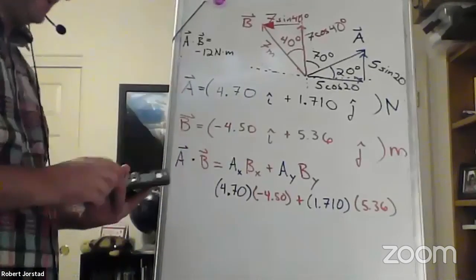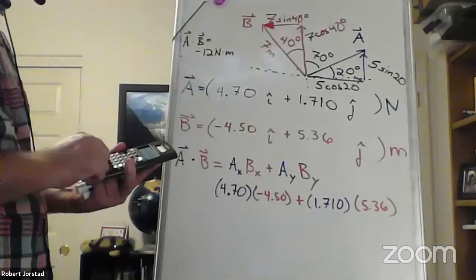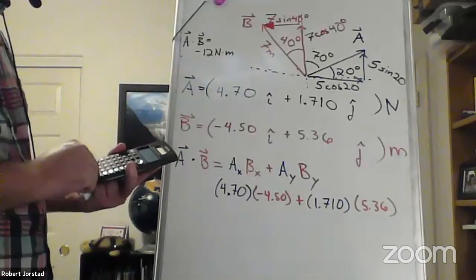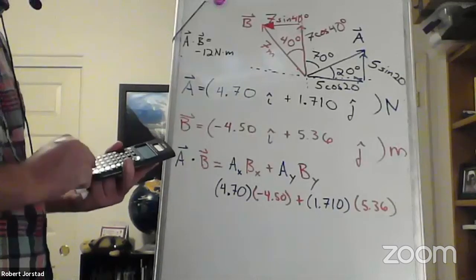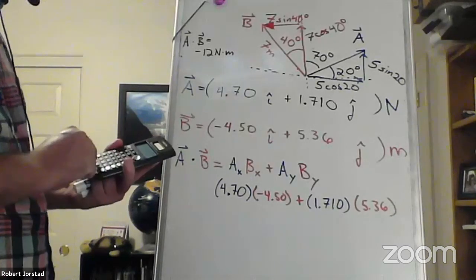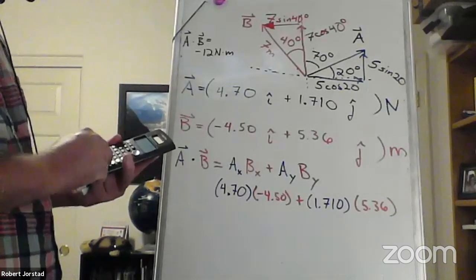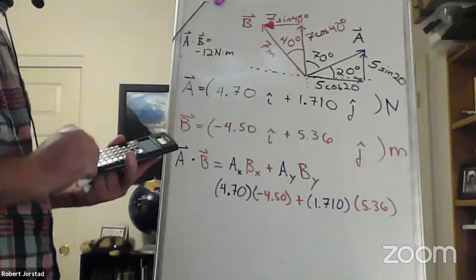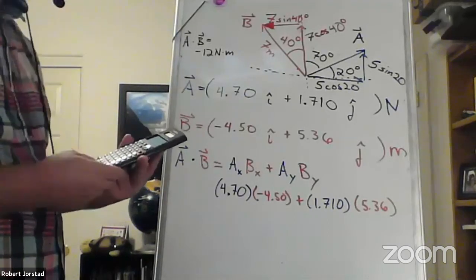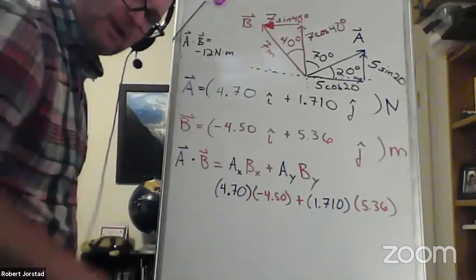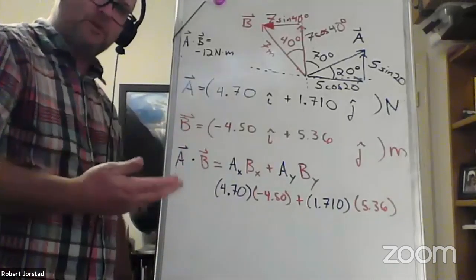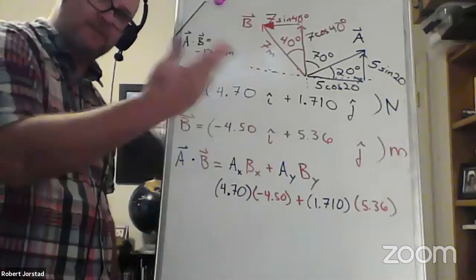It was negative 12. So 4.7 times negative 4.5 plus 1.71 times 5.36. I got negative 11.98 this time. Last time I got negative 11.97. We see that when we round too early, we're off in the sig figs.